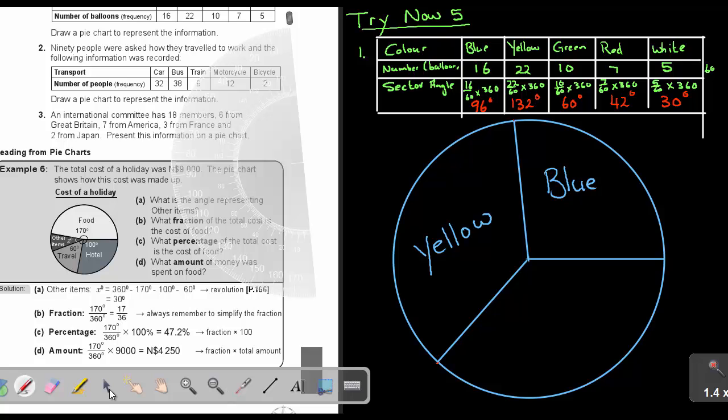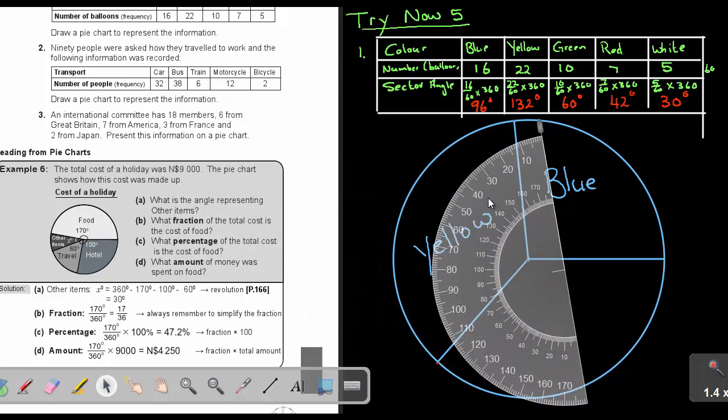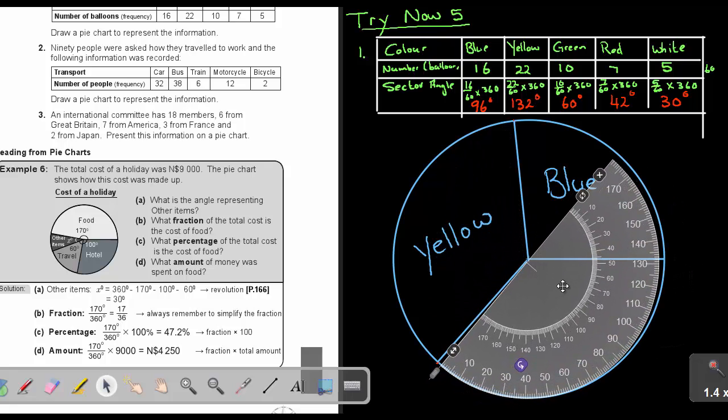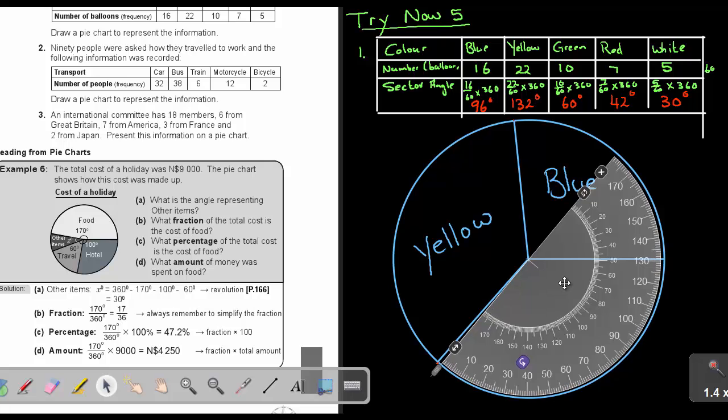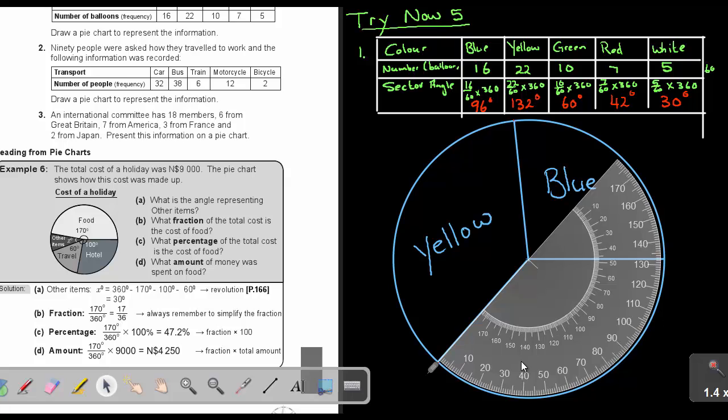Okay, and then take your protractor again. Move it. Don't forget to turn it. Go there exactly on that line and move this a little bit back. Now I'm going to mark it again, and this is going to be 60.